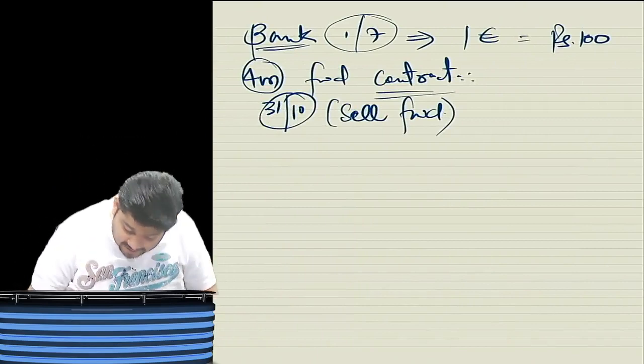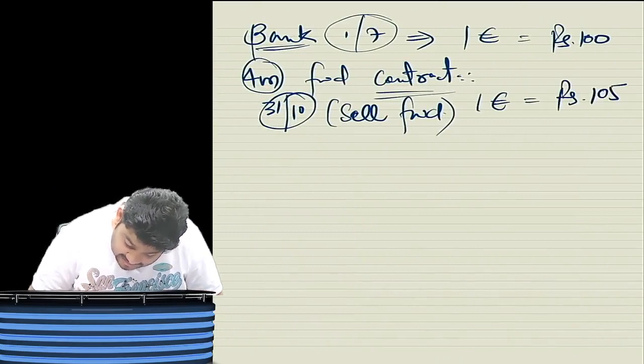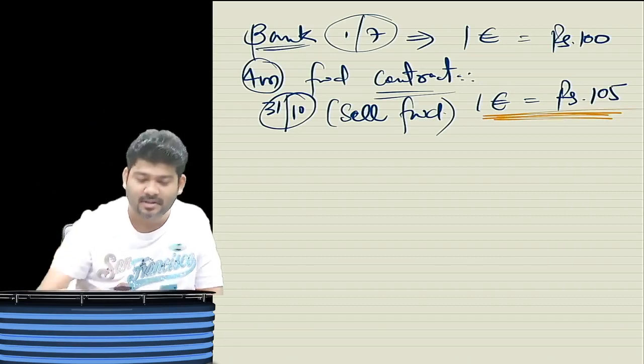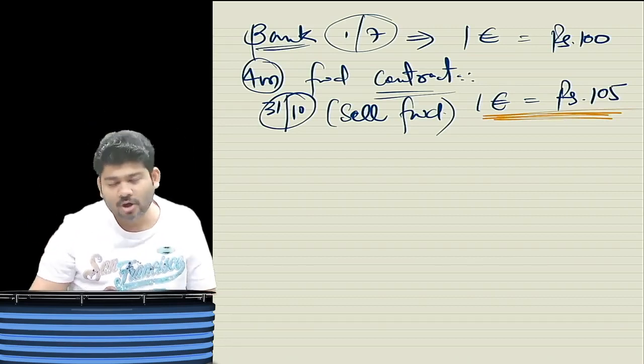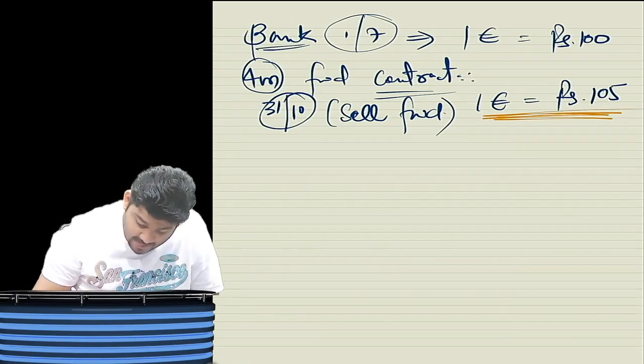Now sell forward contract says 1 euro is equal to, say, rupees 105. Sir, let's freeze this 105. Okay, let's freeze it. 4 months later, 105 freezed. Now what will happen?